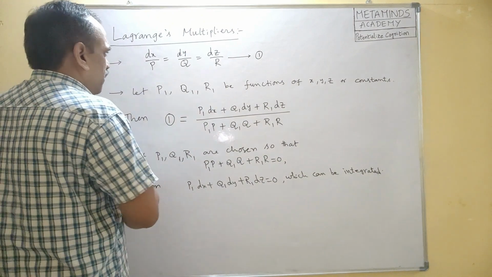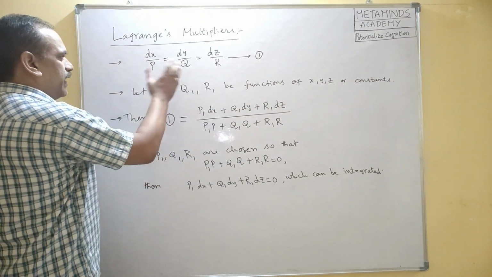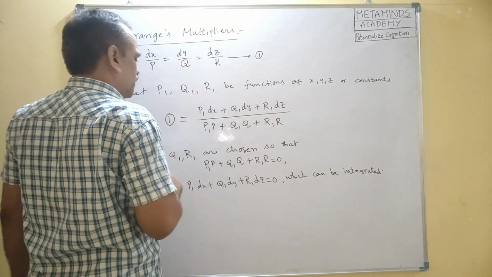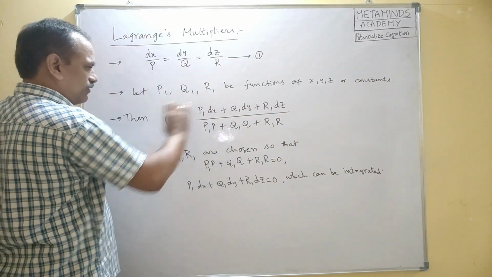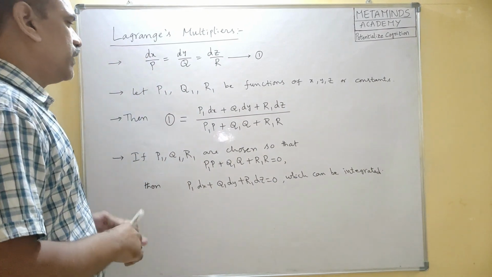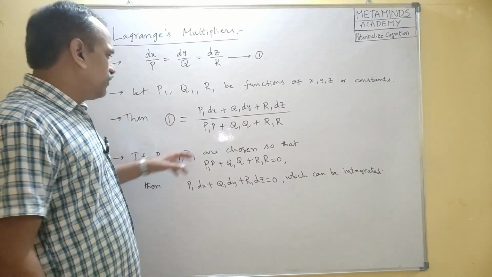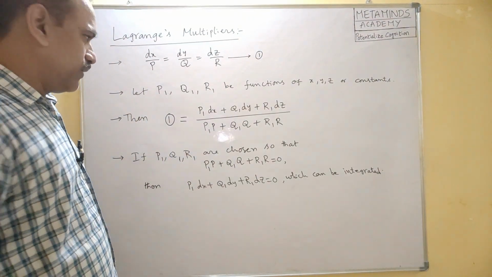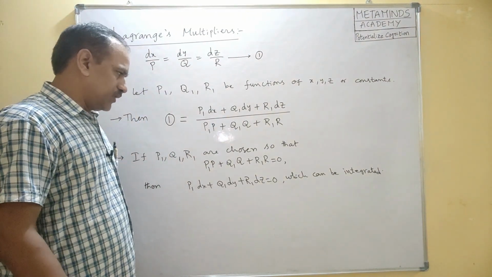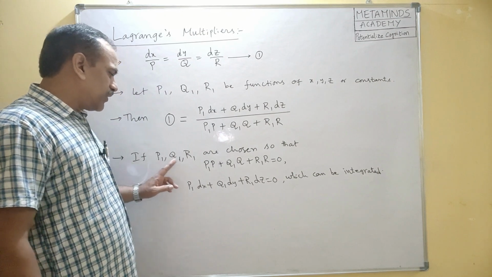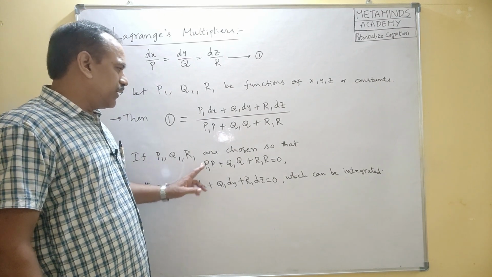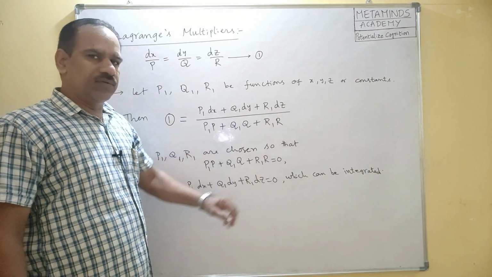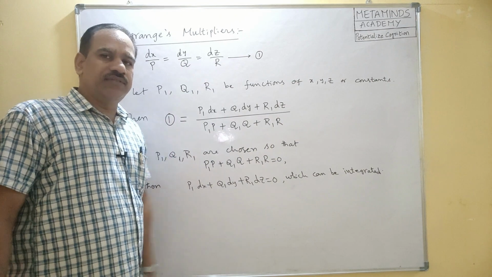So all of these three fractions are equal to the fourth fraction, and you can write this in continuation. Whenever it is not possible to integrate directly by taking any pair of auxiliary equations, we go for componendo and dividendo, so that we will get a convenient form of function to integrate. If you can choose p1, q1, r1 so that p1 P plus q1 Q plus r1 R is equal to 0, sometimes this denominator becomes 0.